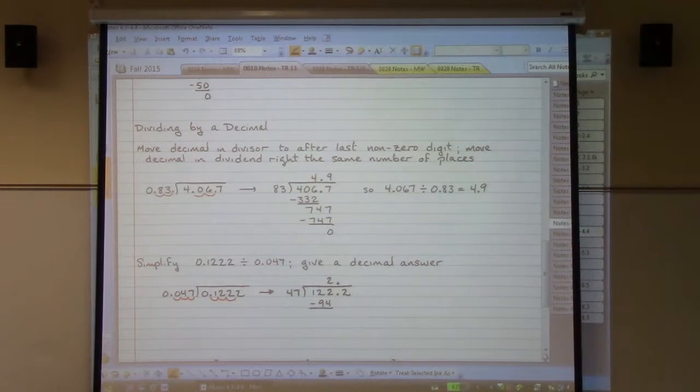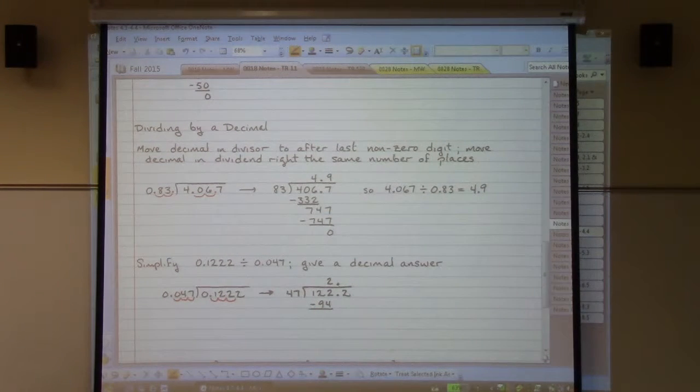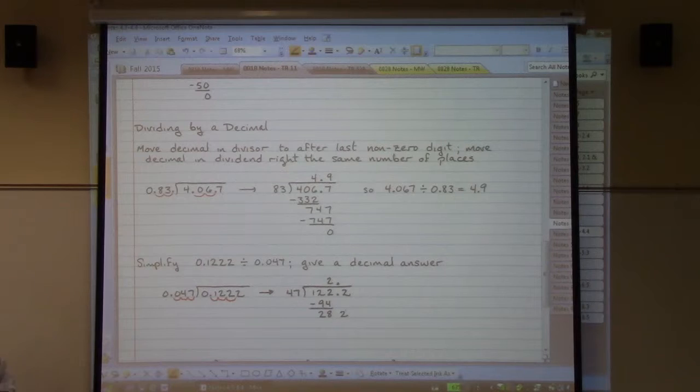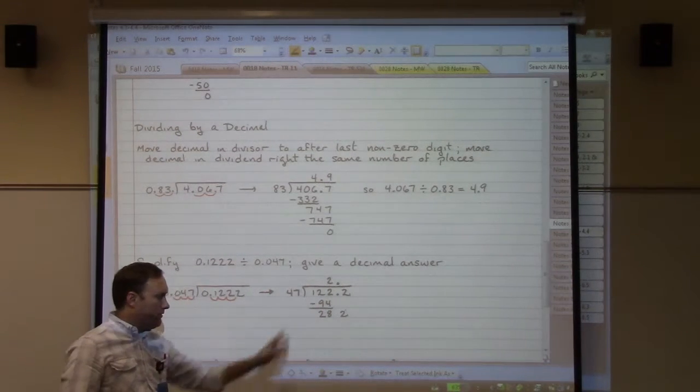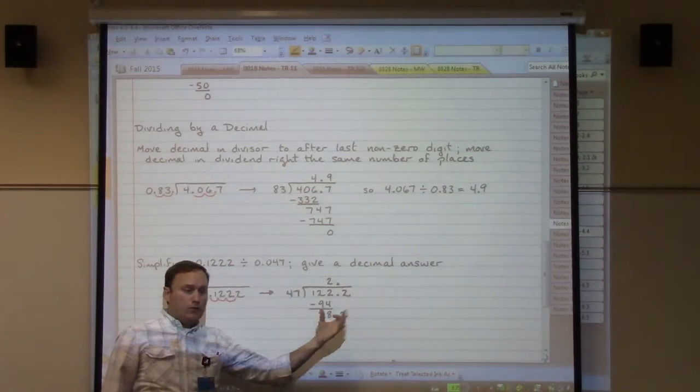Do a little subtraction work here in order to get our 28. Carry the 2 down that we haven't used here, so really we're looking at it, even though the spacing is a little off, 282.